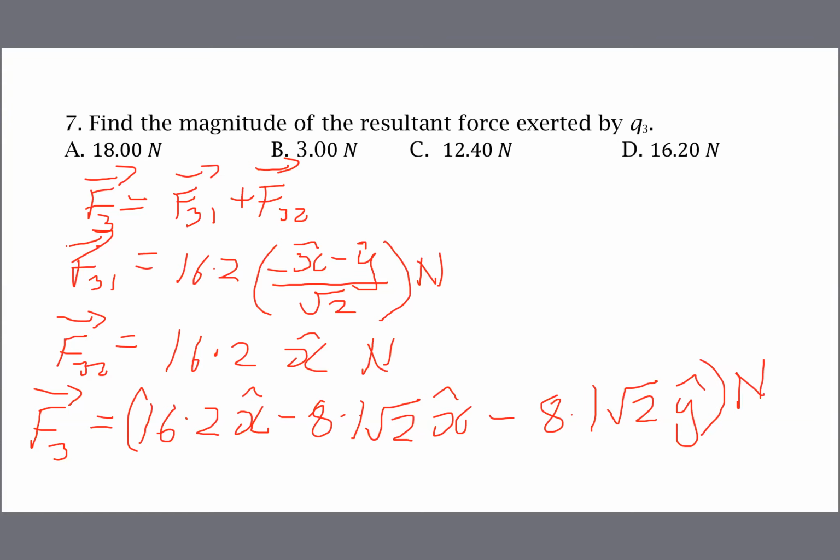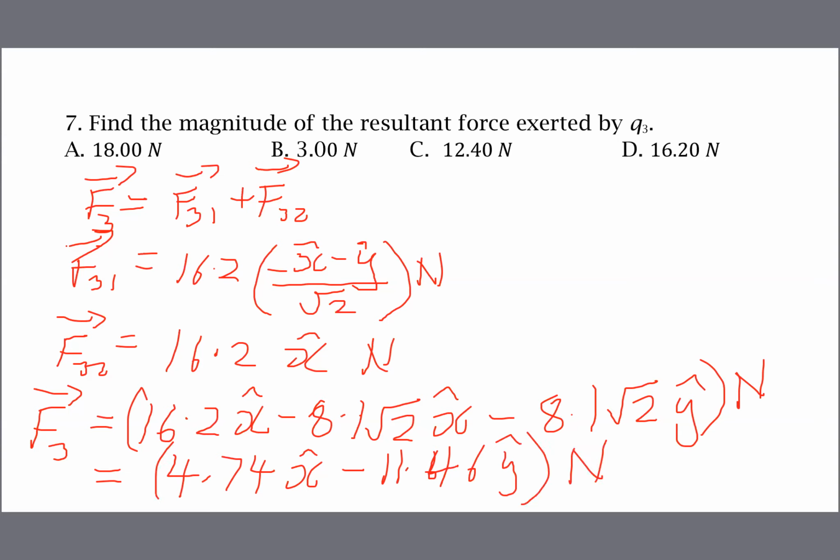Going further, our F3 becomes 4.74 x caret minus 11.46 y caret, all in newtons. Let's calculate the magnitude of this.